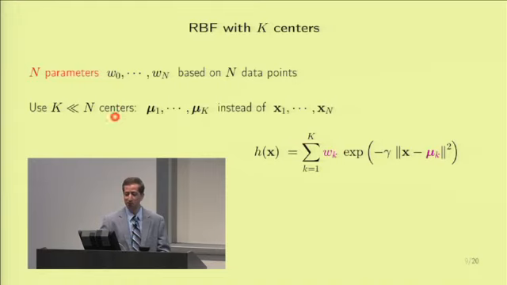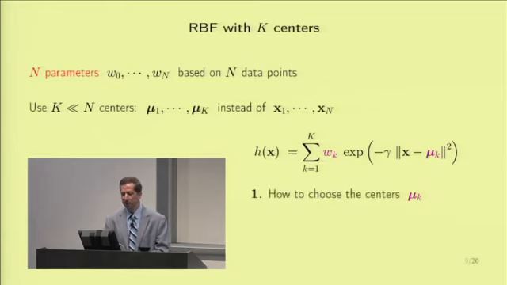That's not a worry because I already said that K is much smaller than N. But each of them is a d-dimensional vector, isn't it? So that's a lot of parameters. If I have to estimate those, I haven't made a lot of progress in this exercise. But it turns out that I will be able, through a very simple algorithm, to estimate those without touching the outputs of the training set. So without contaminating the data. That's the key.